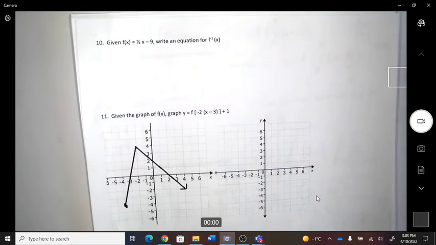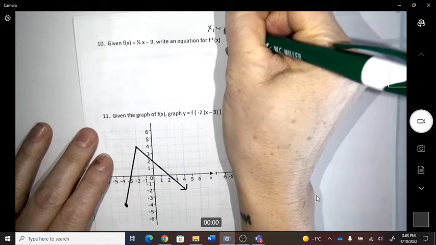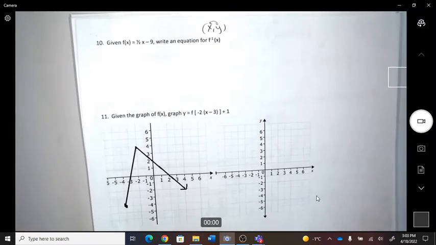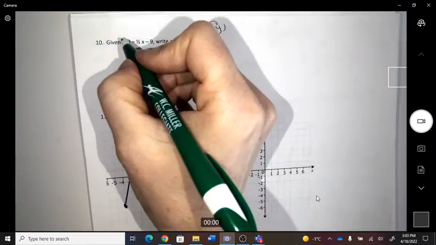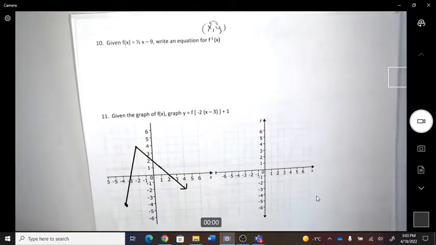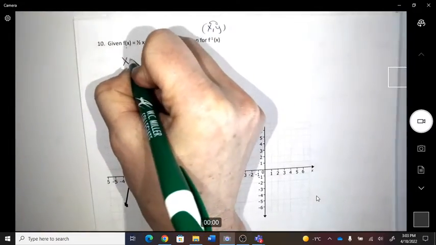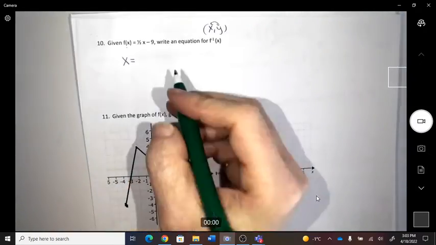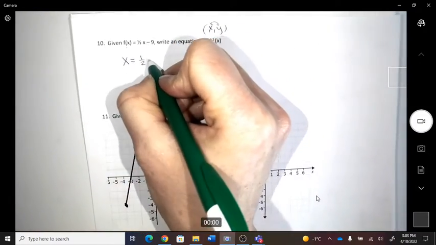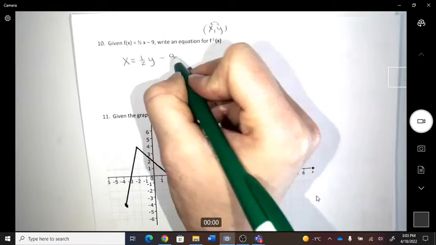Okay, so given this equation, write the equation for the inverse. Inverse means switch x and y. So you have to keep knowing that. This is the original y, so it's going to become x. This is the original x, so it's going to become the new y.